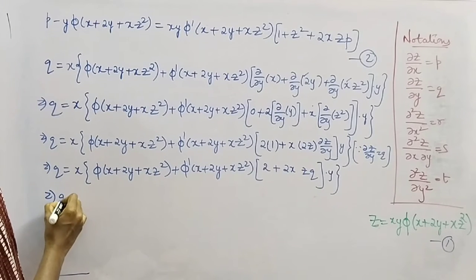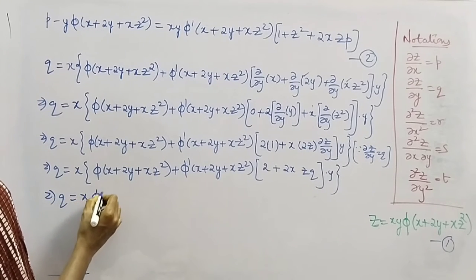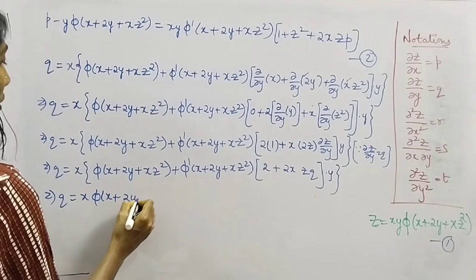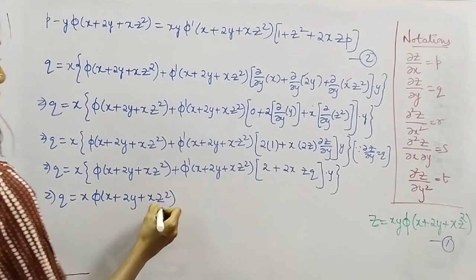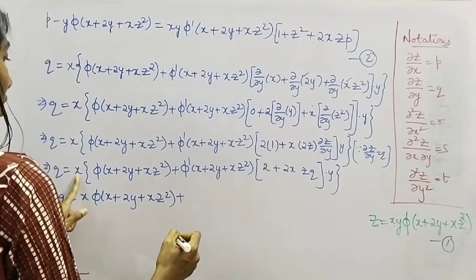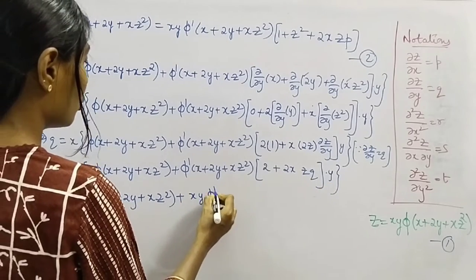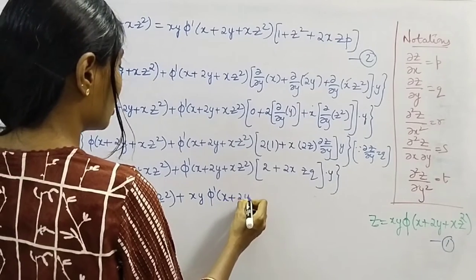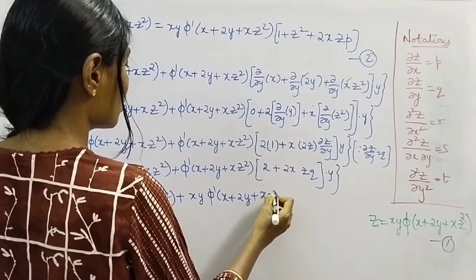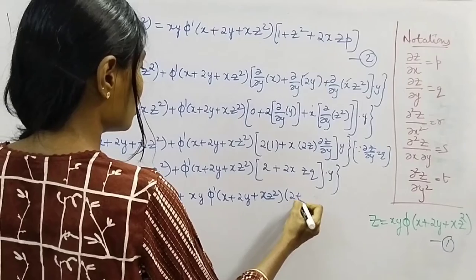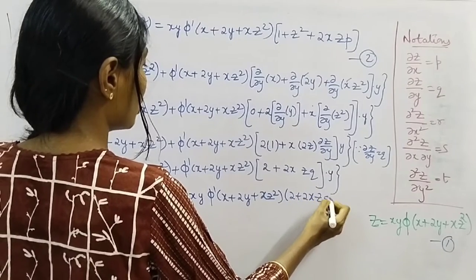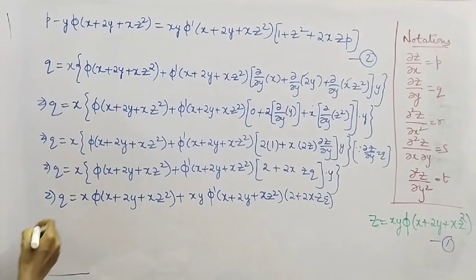Now this gives us q equal to x into phi of x plus 2y plus xz square plus xy into phi dash of x plus 2y plus xz square into 2 plus 2xz cube, right?